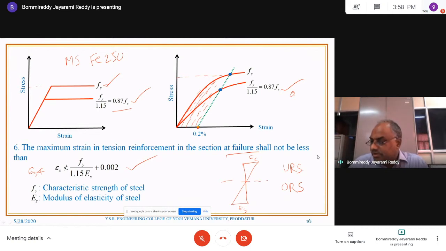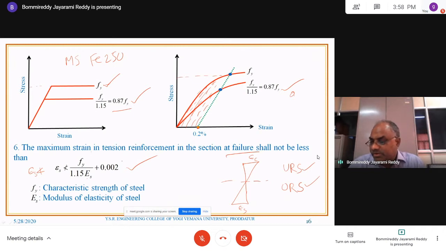Even in under reinforced, over reinforced or balanced sections, the strain in steel must be large at the time of failure. Sometimes in examinations, the numerical question may be, what is the strain at the time of failure for Fe 500 grade steel? So for Fe 500, put Fy equal to 500, Es equal to 2 into 10 power 5, and find out the strain. Such simple questions may be asked in the examination.